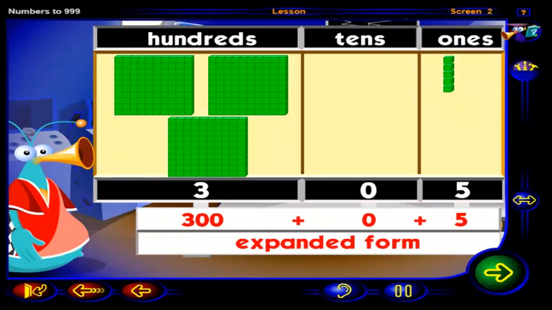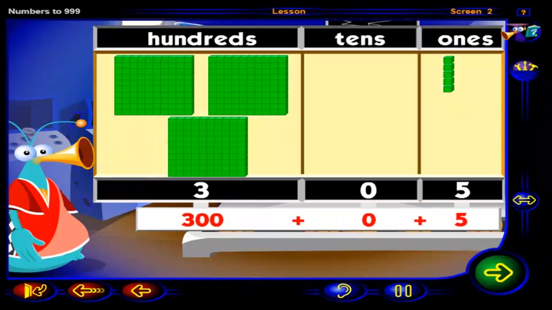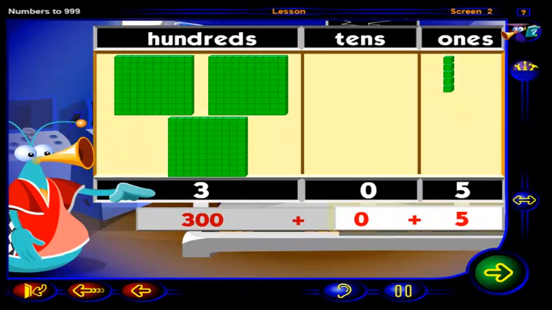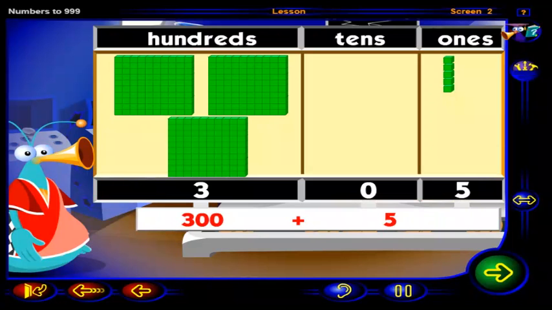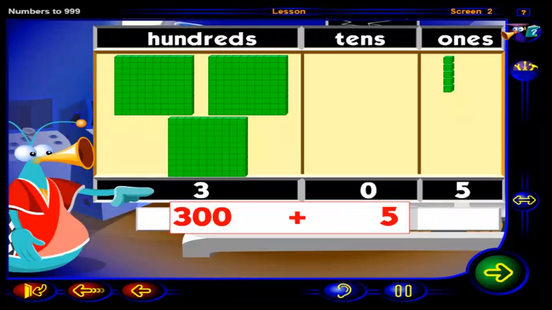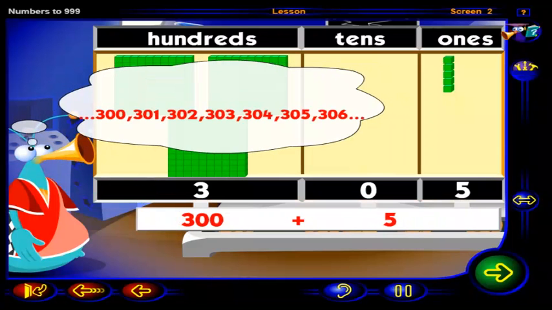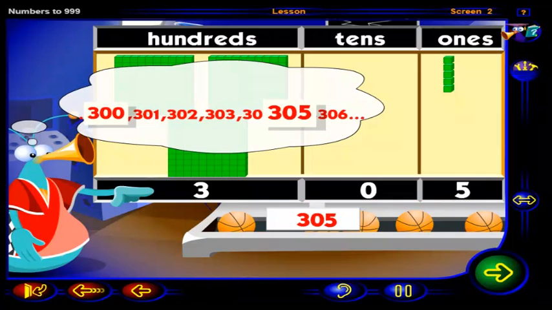But how do we write this number? Click on 0 plus 5. 0 plus 5 equals 5. So we can write this sum as 300 plus 5. 300 and 1, 2, 3, 4, 5 more is 305.